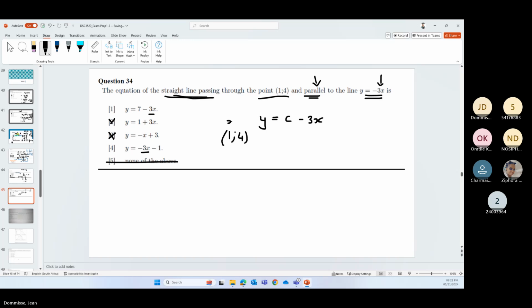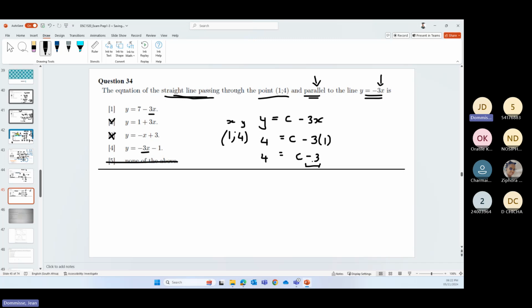Just remember it's the X and Y, so we can put the 4 in place of the Y and the 1 in place of the X. So we have 4 is equal to C minus 3. Now to solve for C, we take that minus 3 to the left-hand side, so it becomes positive 3.